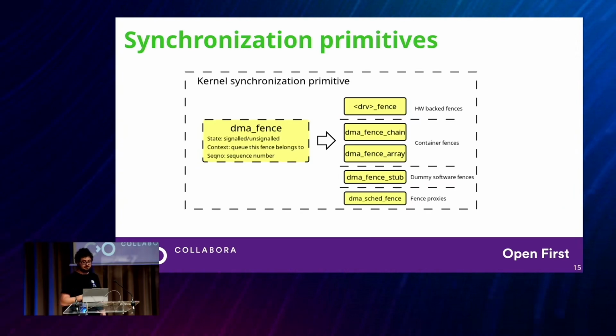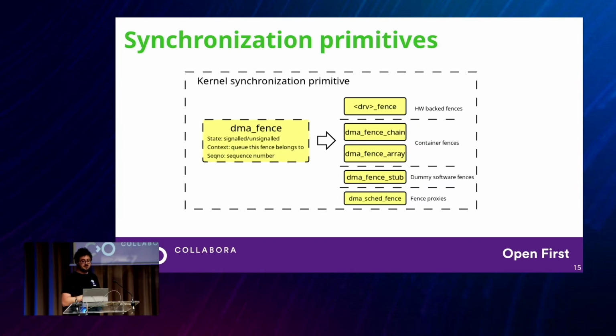There are also container fences, so you can have software concepts on top of a hardware fence. For instance, we have the fence array, which collects a bunch of fences, and then it only reflects the signaled state once all the underlying fences are signaled as well.